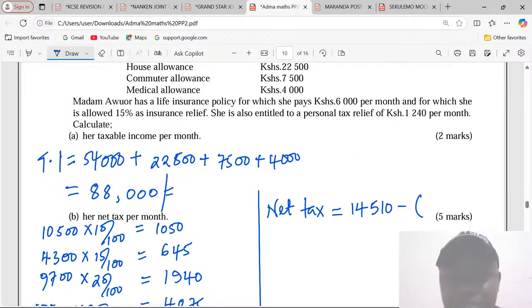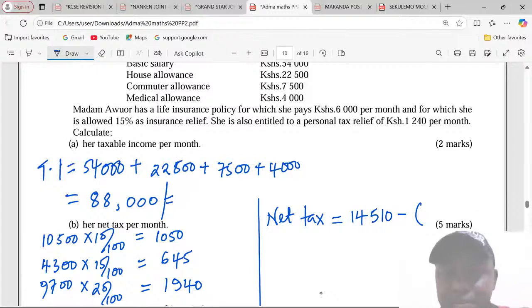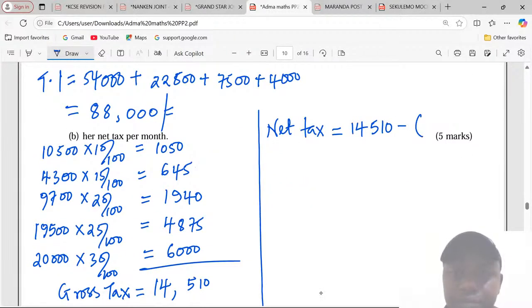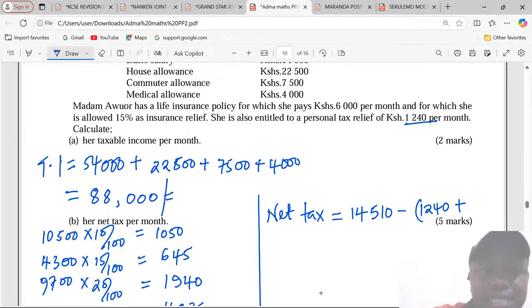We have two reliefs for Madam Awuor. We have a monthly personal tax relief, which is 1240. Then we also have another relief, which is 15% insurance relief from the premiums paid.